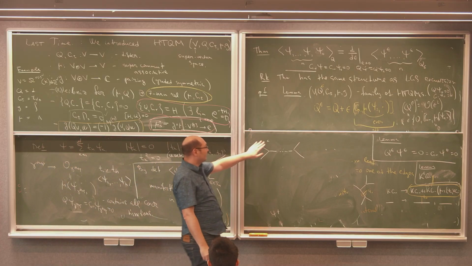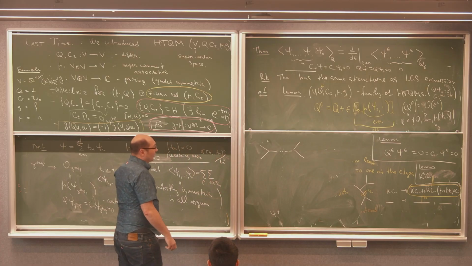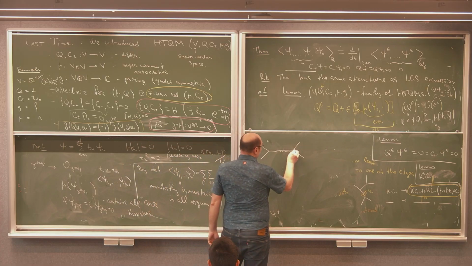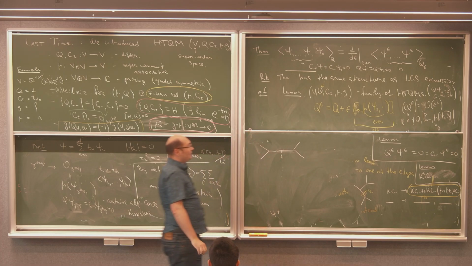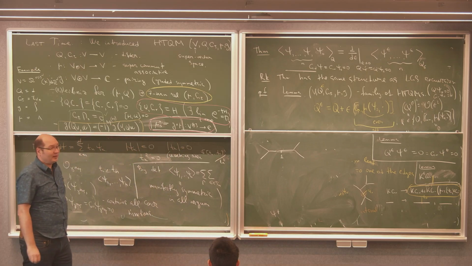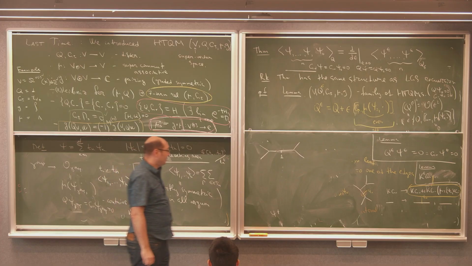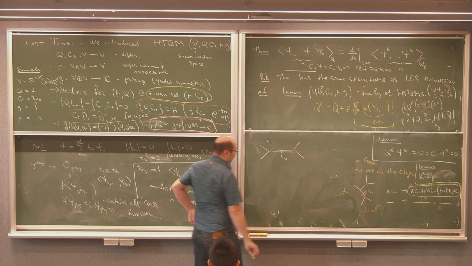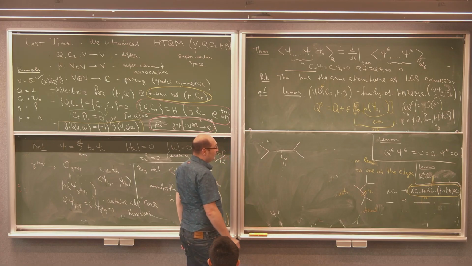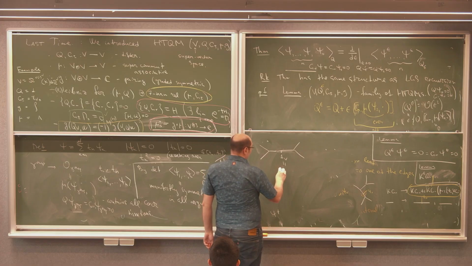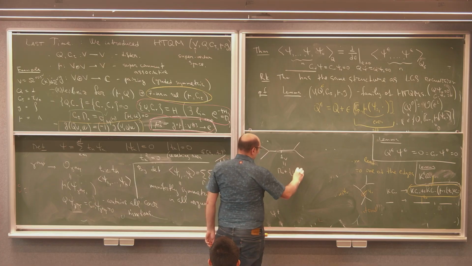That is the leading term in the third derivative. So here we can just write it as a 4-point amplitude, where instead of a propagator we just insert the identity operator, identity on V. And then we can express our identity on V in the following way: it is the projector plus the anti-commutator of Q and K.